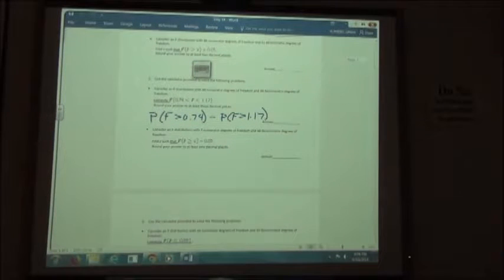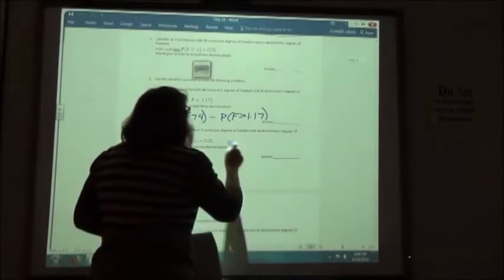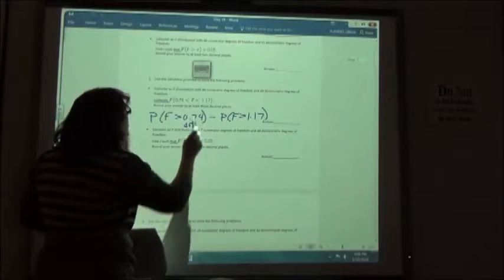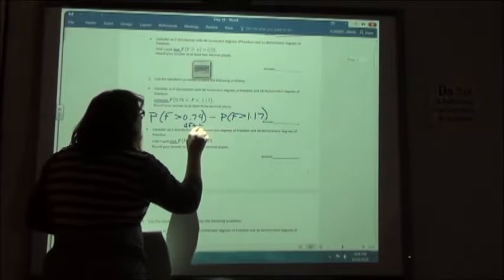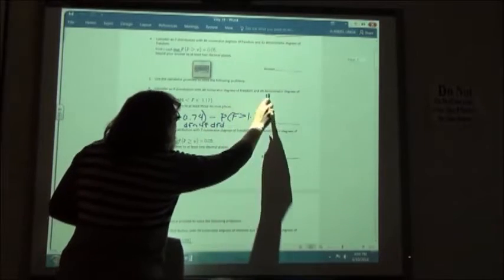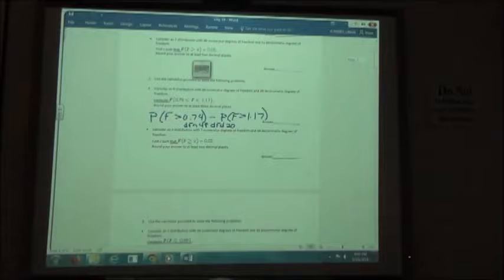Oh, and I forgot my degree of freedom again. They're going to ask you for your degree of freedom. I'm going to have on both of them, the degree of freedom for my numerator is 48. The degree of freedom for my denominator is going to be 20. You'll have to put that on both of those.